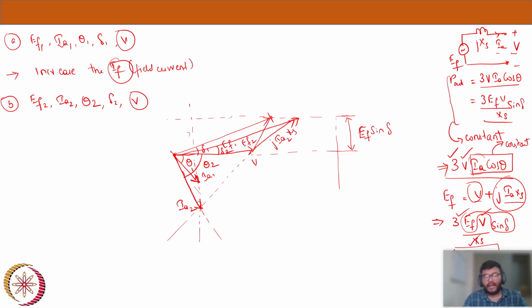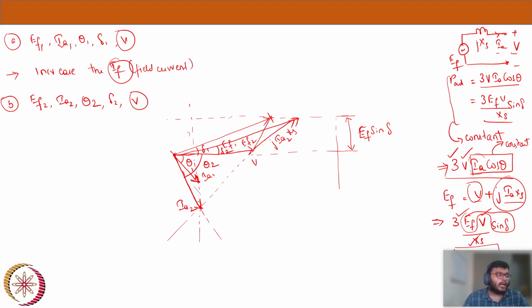Now we have seen how my EF1 and EF2 limits and also how my IA1, IA2 limits are being limited here. Since my output power remains constant, these two are the loci of IA2 and EF2 tips. Okay, fine.